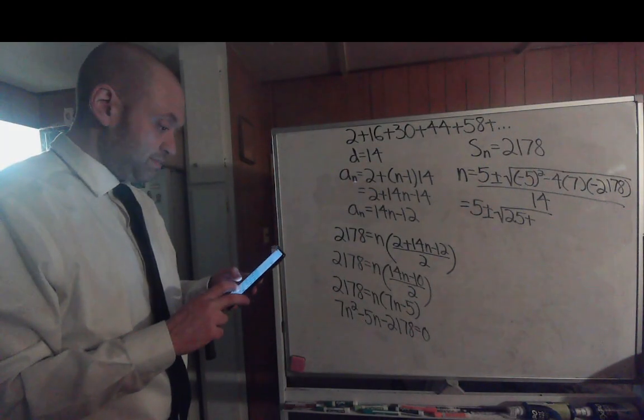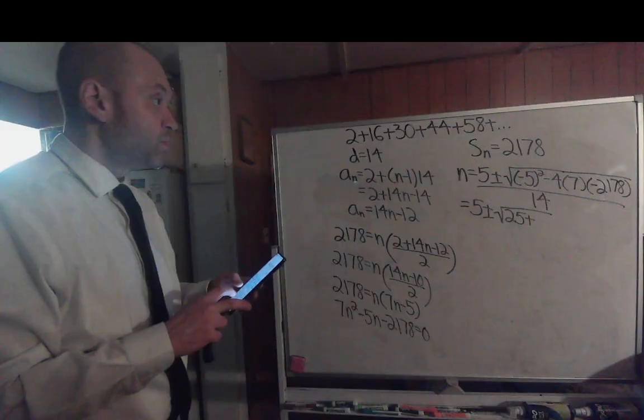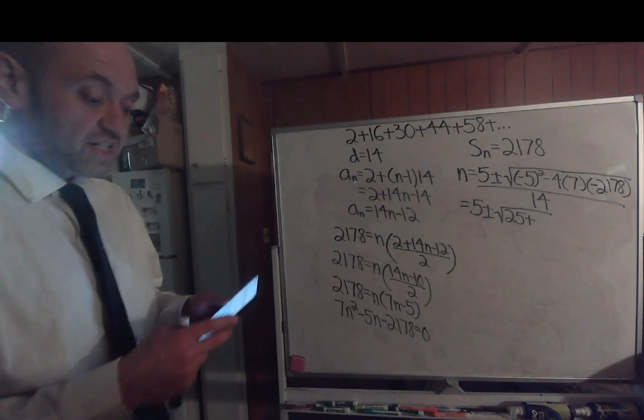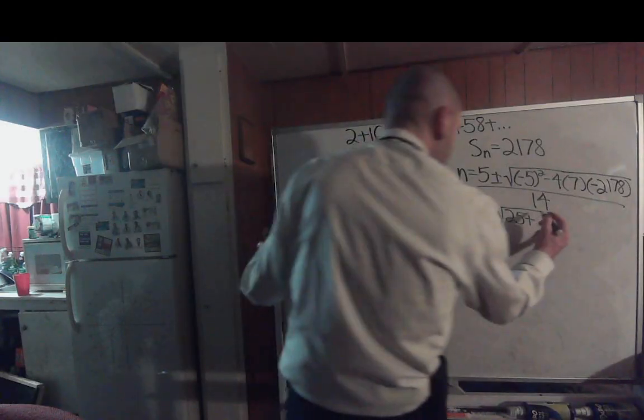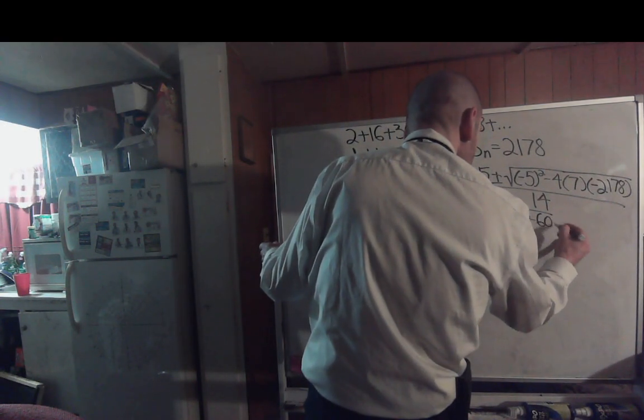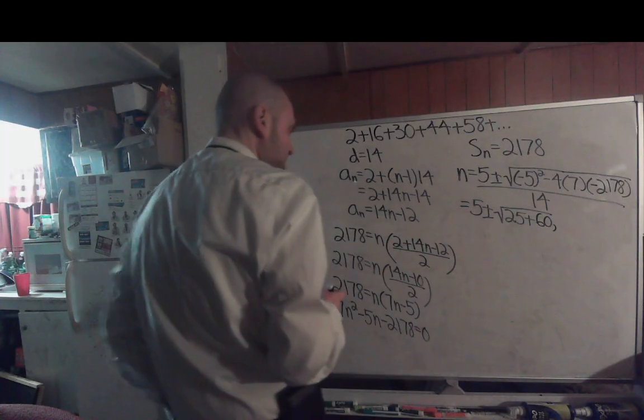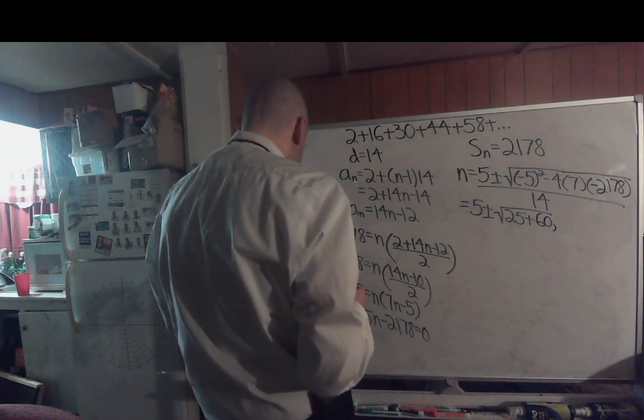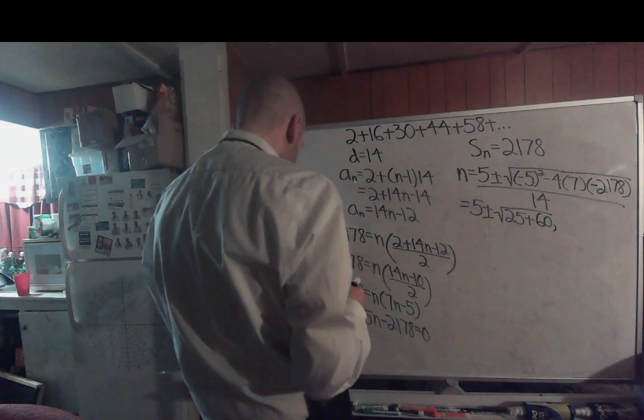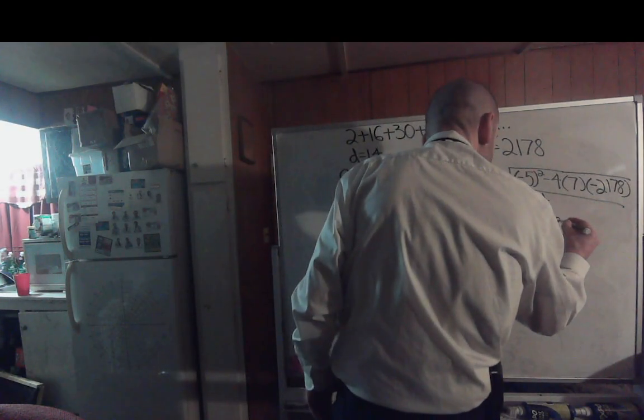So 4 times 7 times 2,178 is equal to 60,984. Or am I getting dyslexic? Let me make sure I read that right. 60,984, I was right.